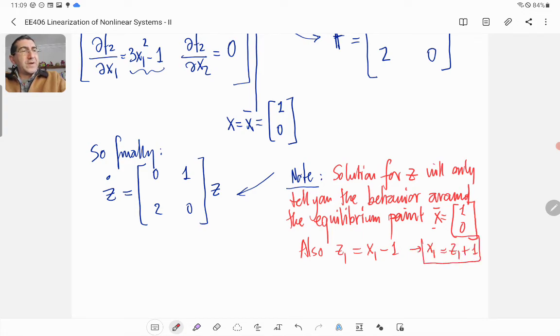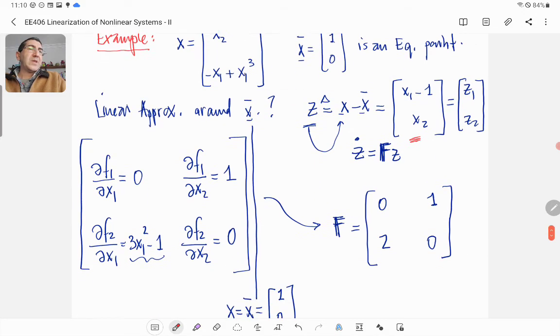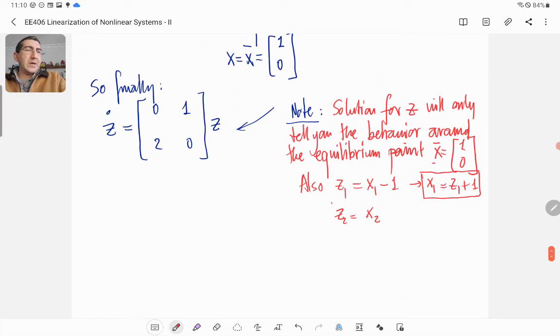And you have z2 is equal to x2, therefore simply x2 is equal to z2. So you can also find this behavior in terms of x by translating back in the state space. But you have to remember that you need to stay close to the equilibrium point for this approximation to hold.